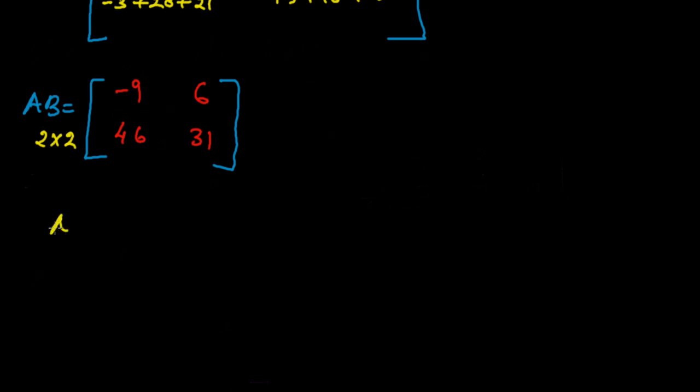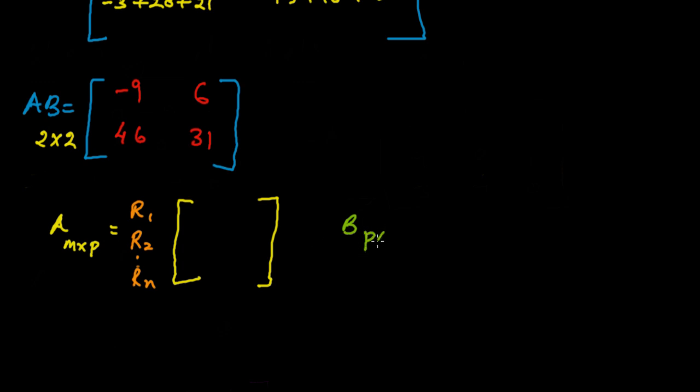If you have a matrix A of M into P, there are rows we have here, you see we have rows R1, R2, R3 and so on, Rn we have, these rows we have, and you see this is a matrix R1 to Rn, and the another matrix B we have, whose order is P into N.